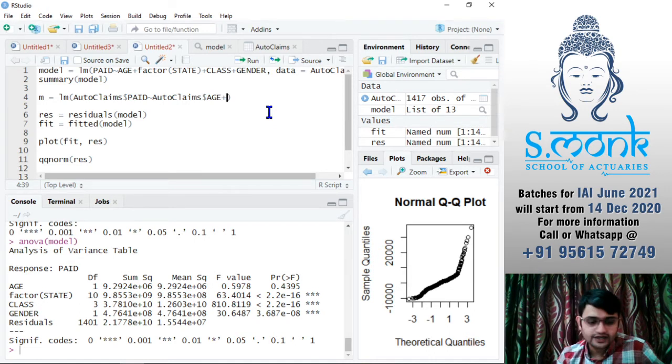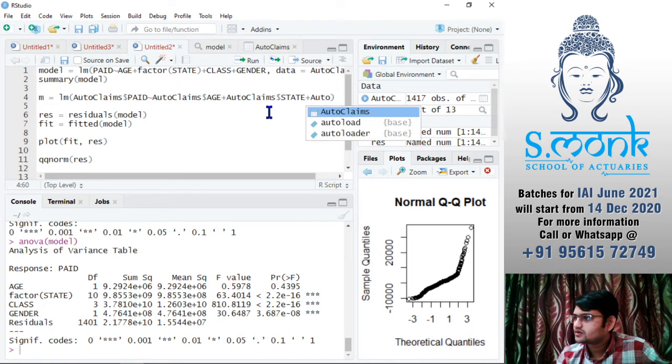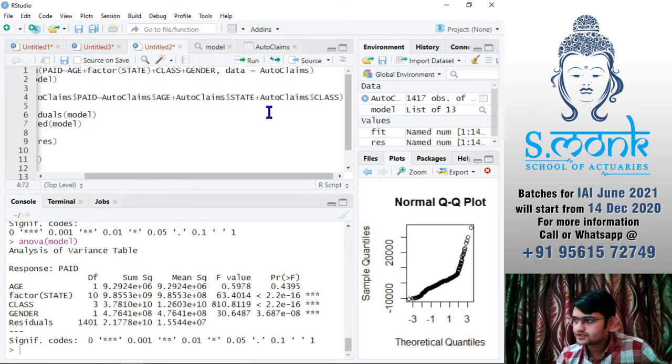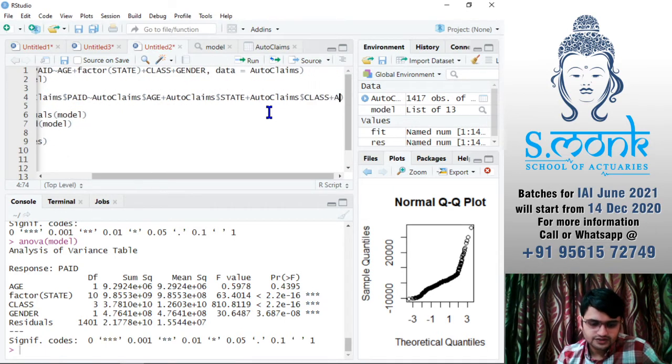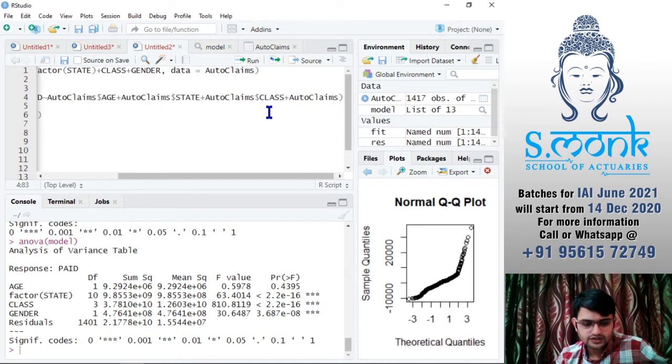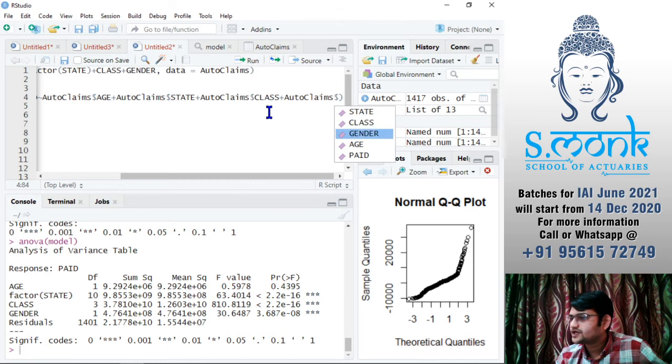If you're writing in these terms, writing autoclaims $ and then, let's say, state, plus we had class, autoclaims $ class, and then plus autoclaims $ gender.